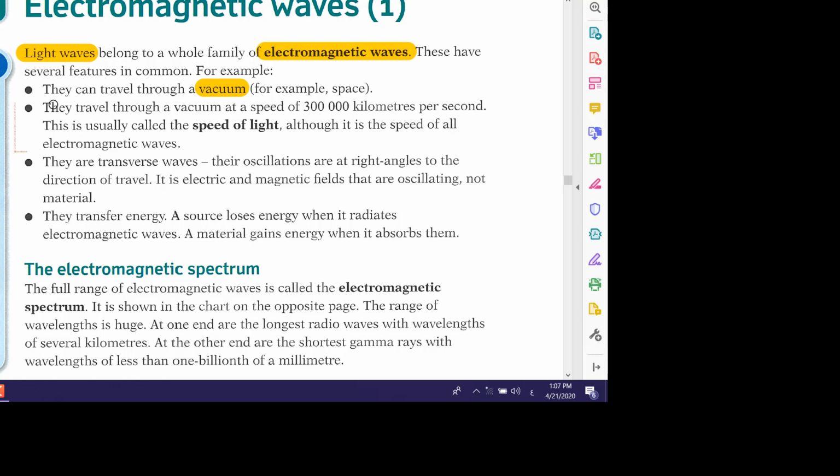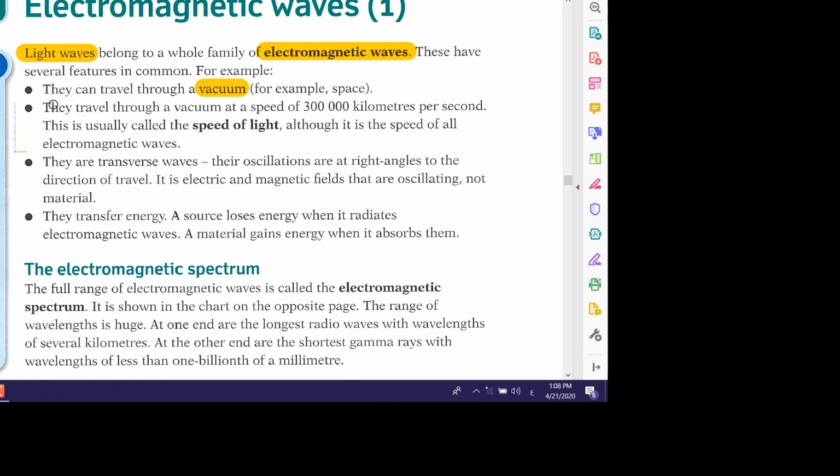What do we mean by this? We mean that this kind of wave can travel through an empty space. If you remember when we talked about sound waves, we said sound waves need a medium, they need particles to travel through.